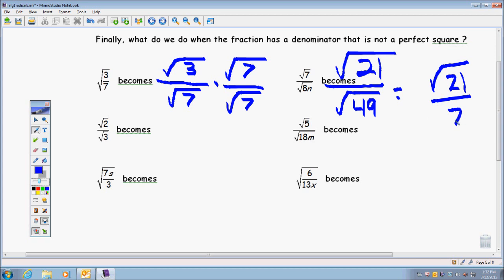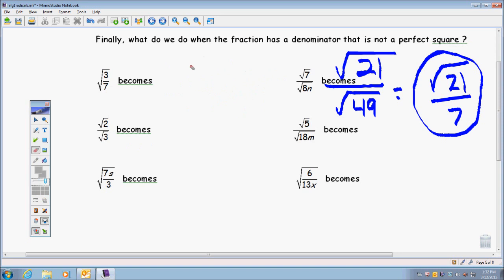And you can't take a number and divide it into a radical. You can divide a radical by a radical. 7 does not go into radical 21. So you have to leave it just like that. Let me say that again. You cannot divide a number into a radical. If this was radical 7, then you could divide it by and get radical 3. But you cannot divide a number into a radical.